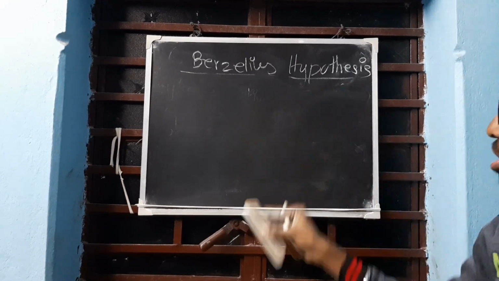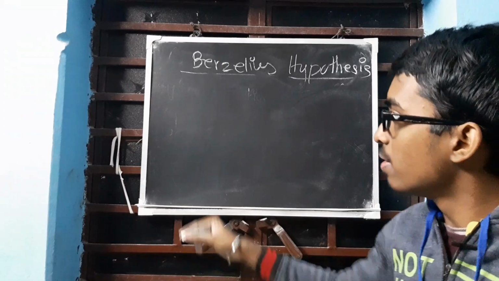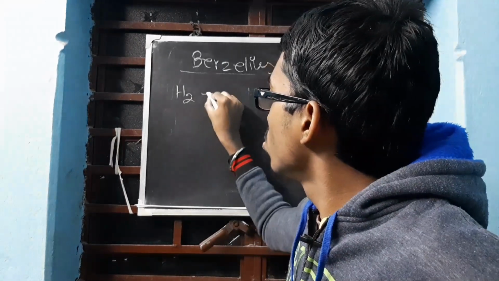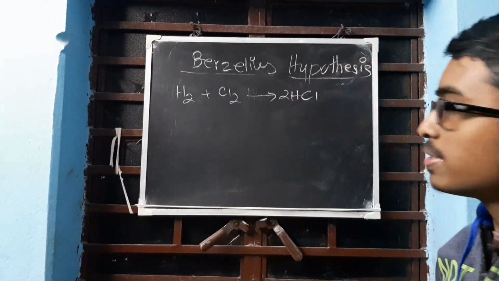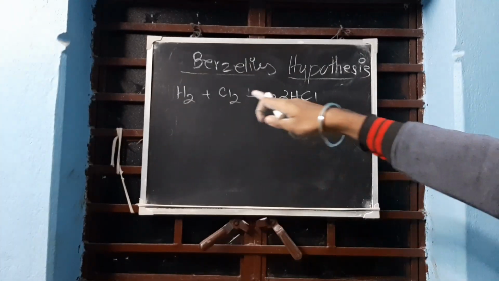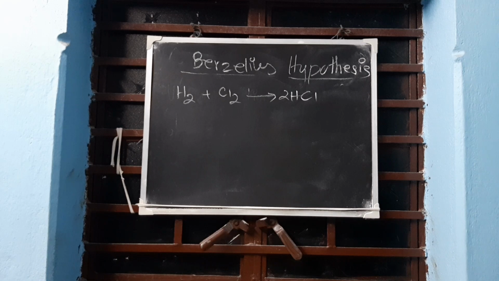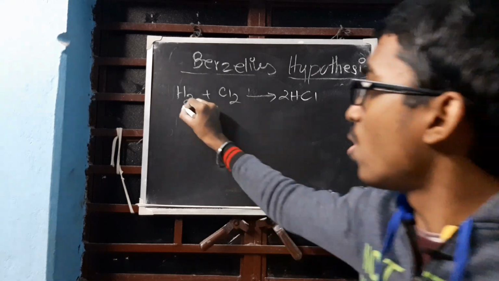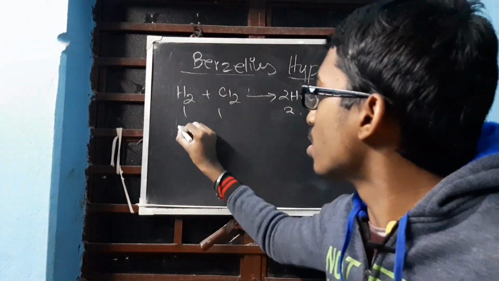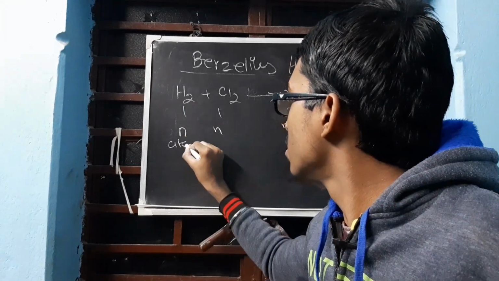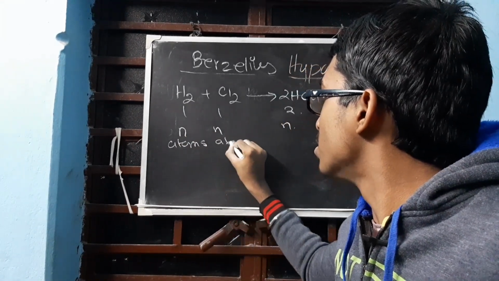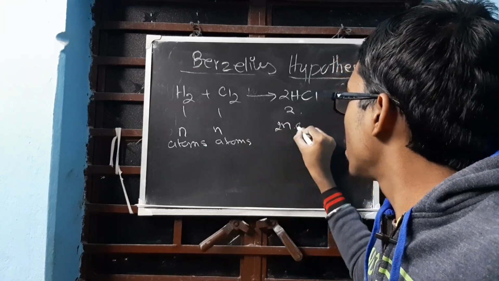Let's write the same reaction we wrote some time back. What was the reaction? H2 plus Cl2 gives 2HCl. One volume each. 1, 1, 2. Very good. N is atoms. 2N atoms.